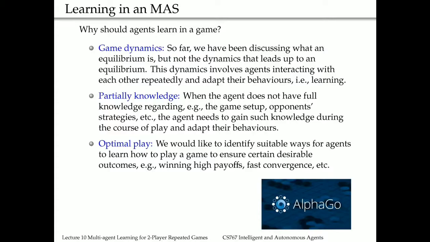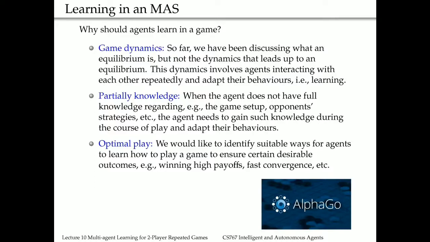And through playing the game, the agent would need to gain such knowledge during the course of play and adapt their behavior. So there's a need for us to specify algorithms, essentially mechanisms that allow the agents to acquire such knowledge and update their knowledge and beliefs along the way, right? This is a crucial aspect of artificial intelligence.